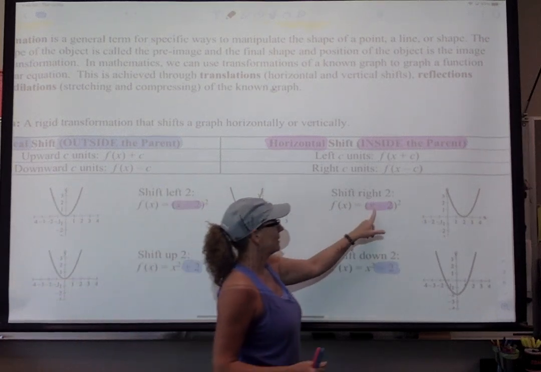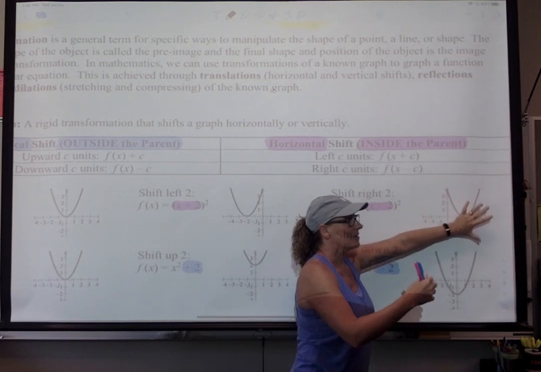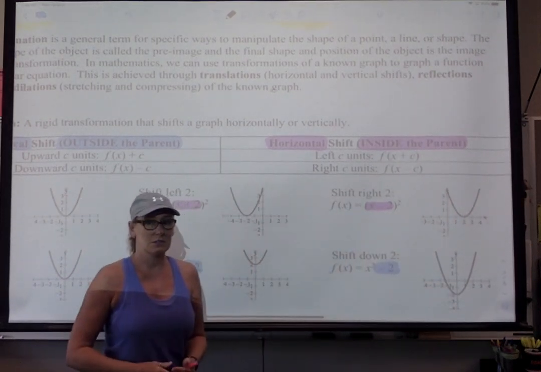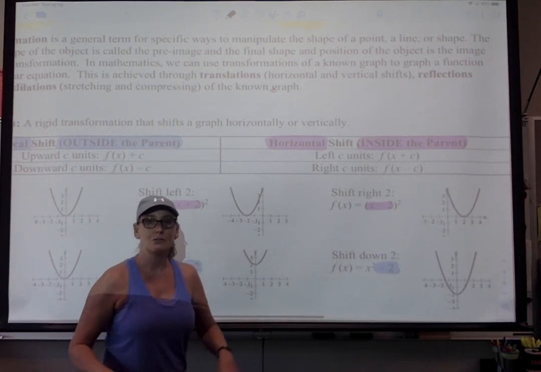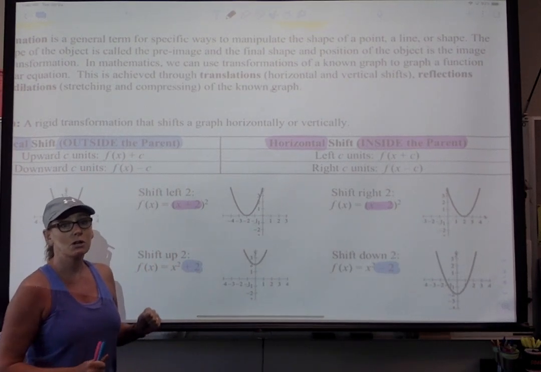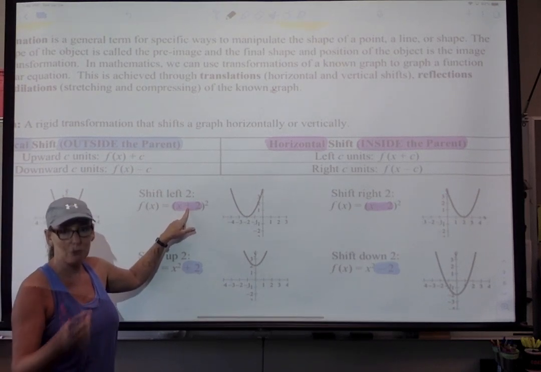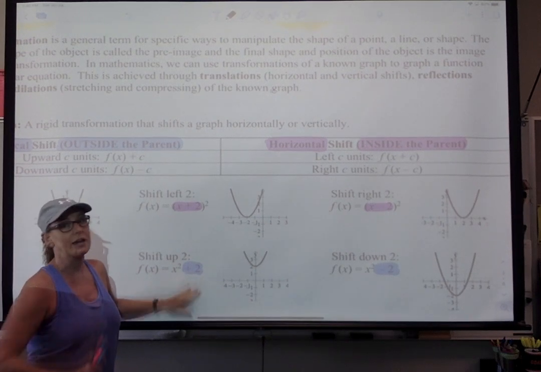I would have to plug in an x that's 2 to the right to make this graph look like this graph. Again, went over some of y'all's heads. I realize that. It's okay. If you get it, that's great. If you don't, memorize: horizontal transformations are backwards from what you would think. Vertical transformations, what you see is what you get.